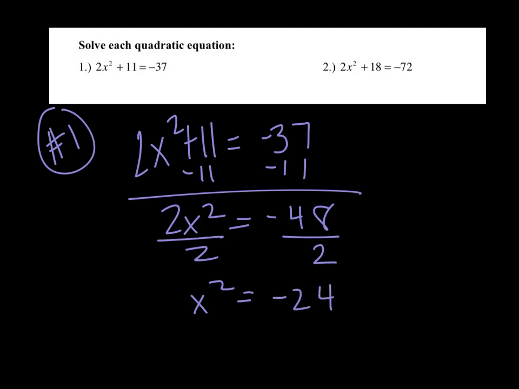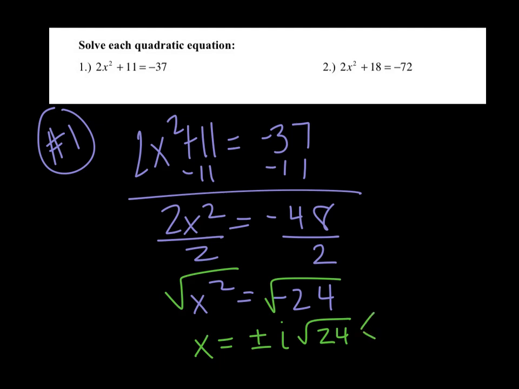Well, to undo the square, and to solve, you would need to take the square root of them both. That will give you your x. But right now, we don't know what the square root of -24 is. But we do know that that negative needs to come out because we can't have a negative underneath the square root. So anytime you see a negative, it becomes i. We now have to simplify the radical. So 24, you could do 6 and 4, 2 and 3, 2 and 2.